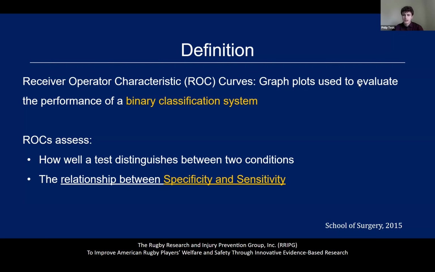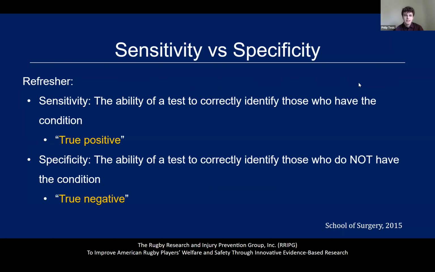which is actually a topic that we went over in a previous analytics session, but I'd like to just refresh on it. Sensitivity is the ability of a test to correctly identify those who have a condition. Those are known as the true positives. So out of all the people who are actually positive, for example, for an infection or a disease, just how well can we calibrate our tests to pick up on that rate of positive infections?